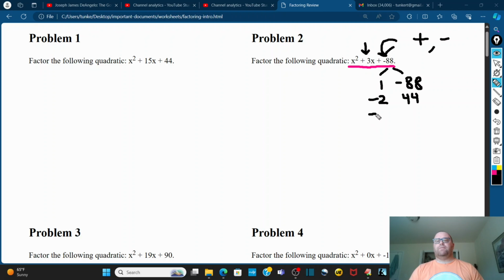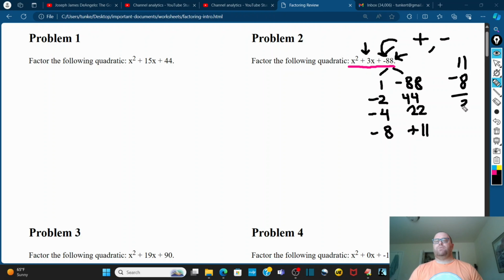Let's keep going. We've got negative 4 and 22. Getting closer. And then we go to negative 8 and positive 11. If we multiply these two together, we're going to get negative 88. And if we add these two together, we're adding numbers with different signs, so we do 11 minus 8. That gives me 3.